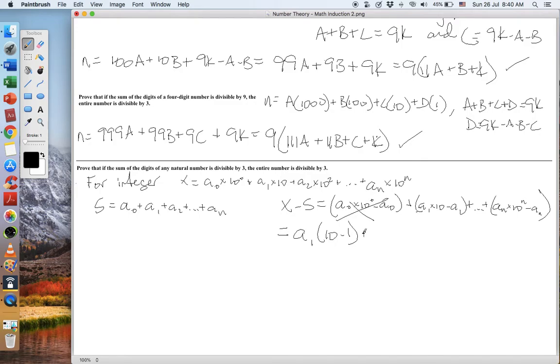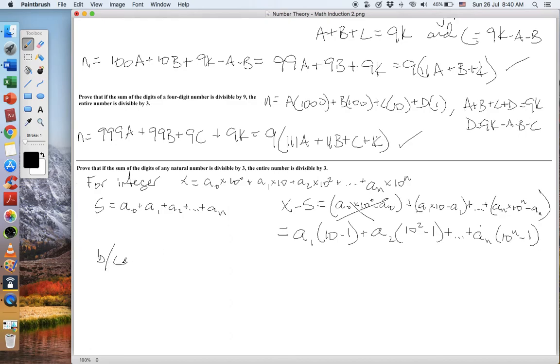whether it's in the tens place or the hundreds place. Right? So 900 minus 9 is 9 times 99. 700 minus 7 is 7 times 99. So a sub 2 times 10 squared minus 1 plus dot dot dot a sub n times 10 to the nth minus 1.